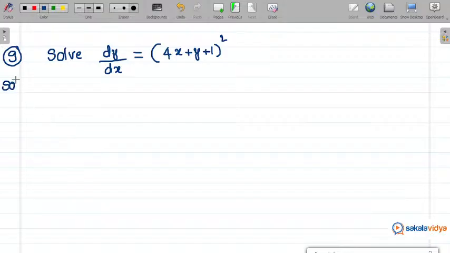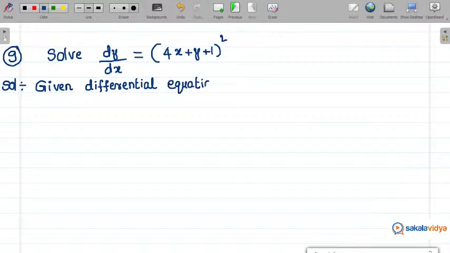So, now let us write the solution. Given differential equation is dy by dx is equal to (4x plus y plus 1) whole square.